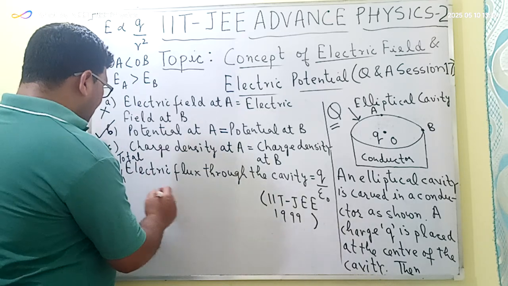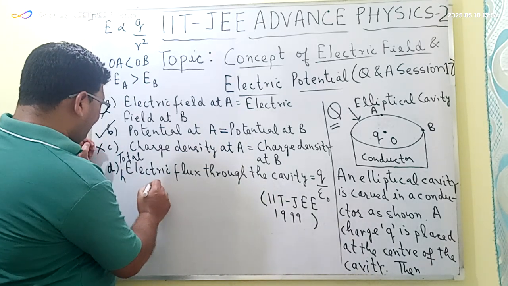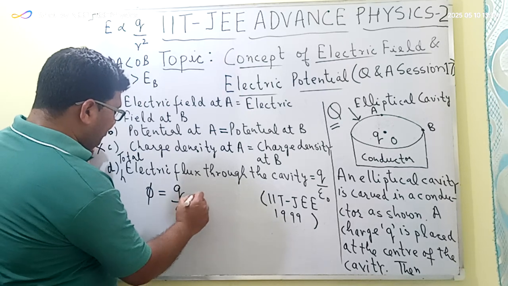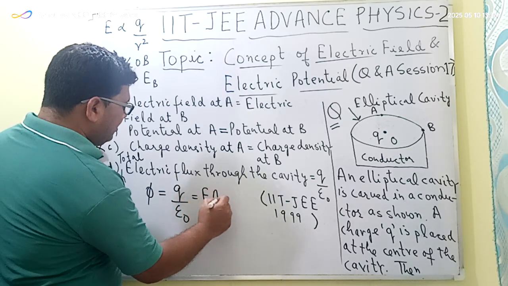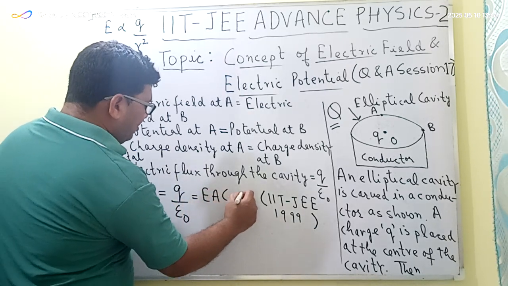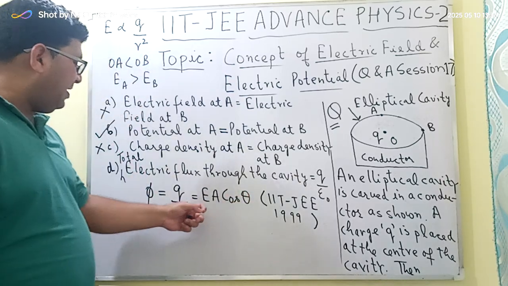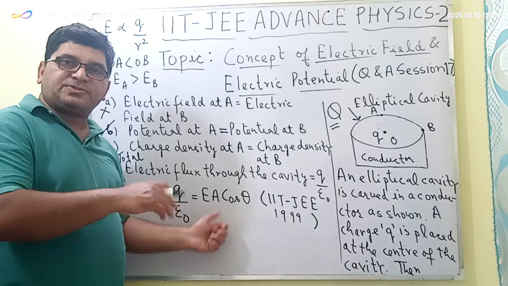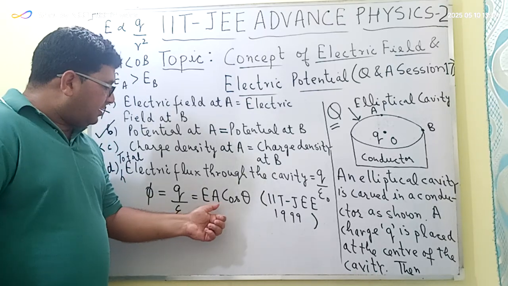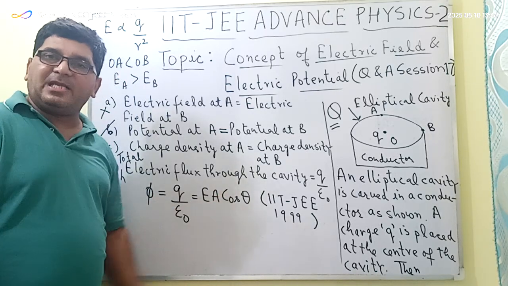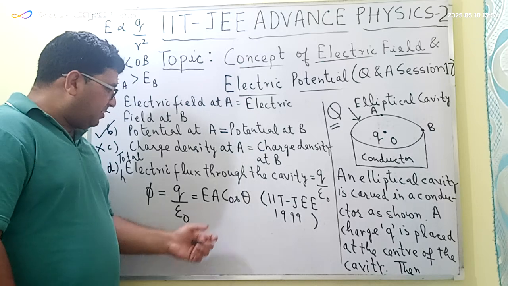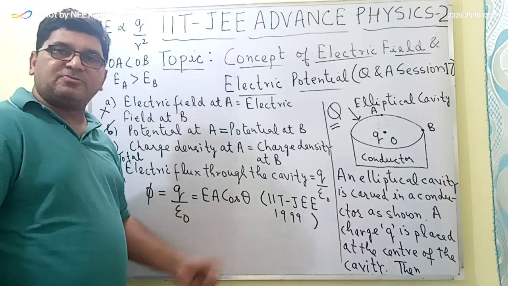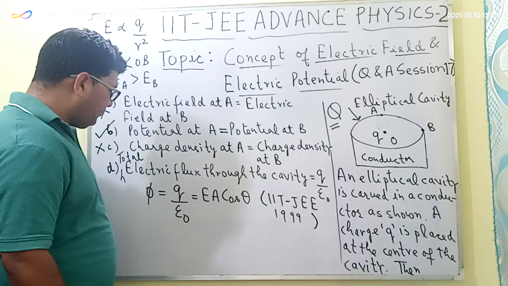So as per Gauss law, the flux is equal to Q upon epsilon naught, and the flux is also equal to EA cos theta, where E is the intensity of the electric field, A is the area of cross section of the closed surface through which these electric field lines are passing, and theta is the angle between the direction of the electric field and the normal to the surface.